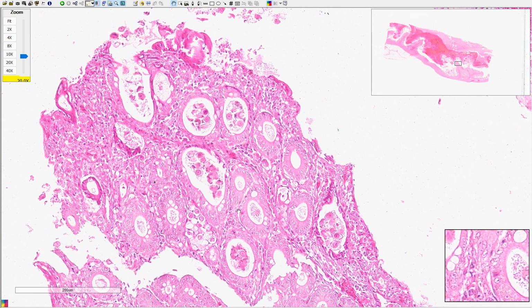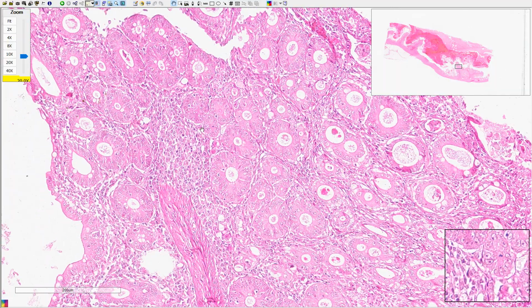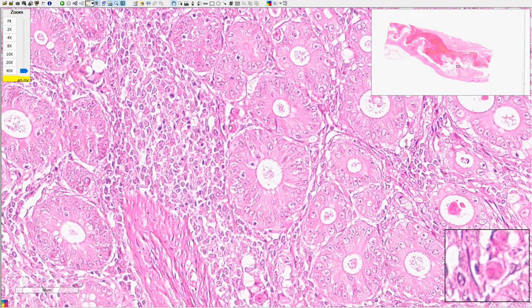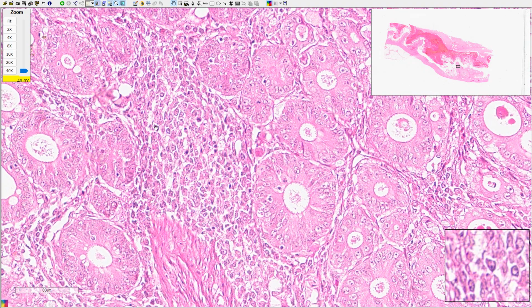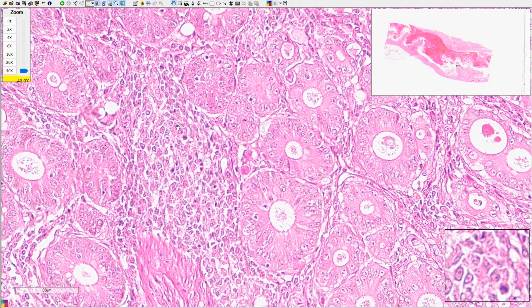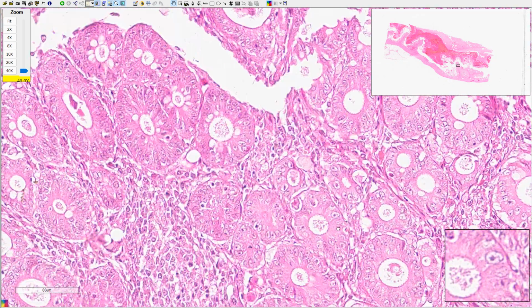Crypts here, crypts. And you will find inflammation here. Lots of macrophages you can find here, along with some lymphocytes. Here, this is the normal crypts. This is the normal crypts.